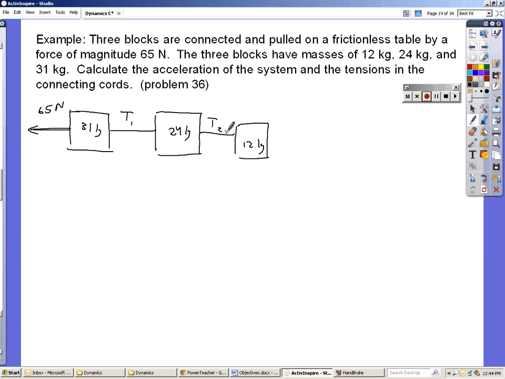It's frictionless, so the only external force on the system is the 65 Newton force. Well, there's normal and weight forces, but we're going to ignore those because they're perpendicular to the direction of motion.